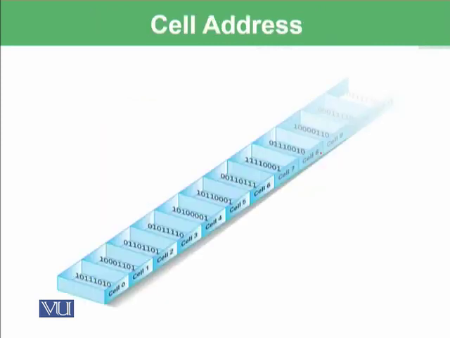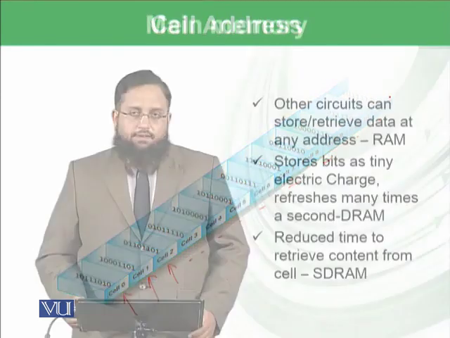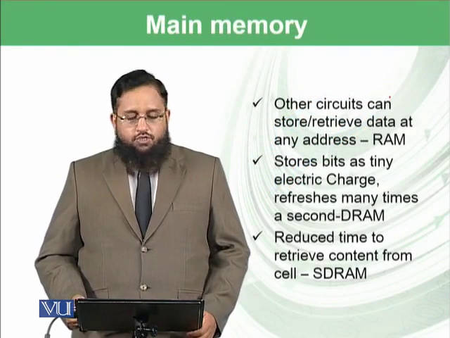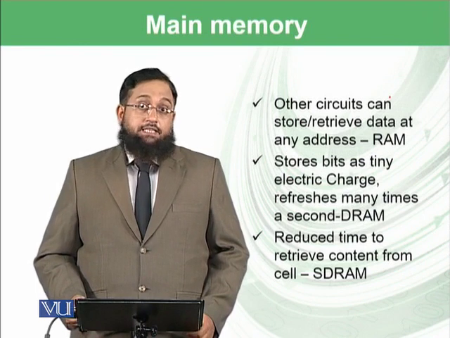Each cell has a cell address. Starting from cell 0, cell 1, cell 2 and so on, we have trillions of cells, and each cell has a cell address starting from cell 0. Other circuits in the computer can store and retrieve data in each cell.